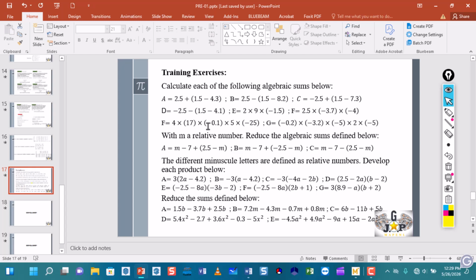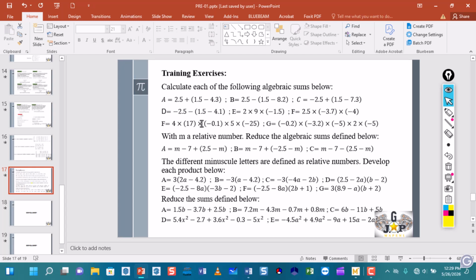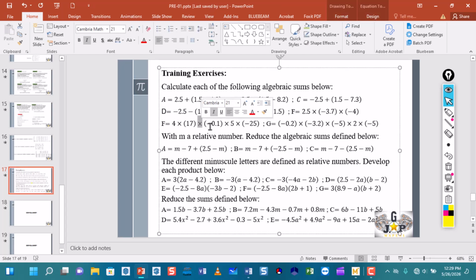In this case we already have a multiplication sign here, and if I wrote a negative sign in front, having two different signs next to each other is not really mathematical. To make it look more mathematically proper, you have to use the brackets. That's why I'm using the brackets here.